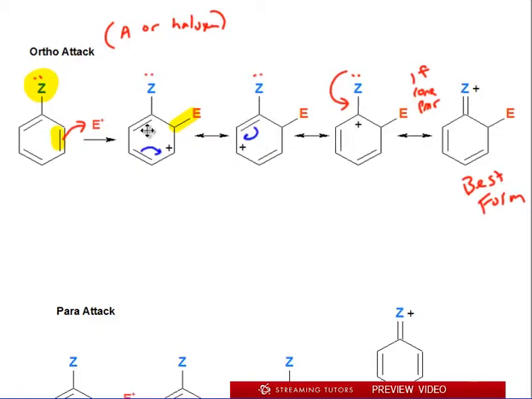These all have two double bonds, two double bonds, two double. This one has three double bonds. So by directing something ortho, it is great if it's an activator or an atom like halogen because it gets an extra resonance form. But here's the thing, not all activators can do that. So the only one that gets the extra resonance form is if it has a lone pair, right?